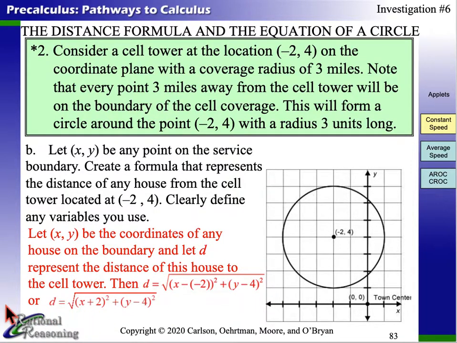So this gives us a way that, given the x and y, we can calculate directly the distance for any house in here, whether it's on the boundary or not. Now, if it's not on the boundary, it might be more or less than 3 miles away. That's fine. Visually we can see, for this particular house, that looks like negative 2, positive 3.